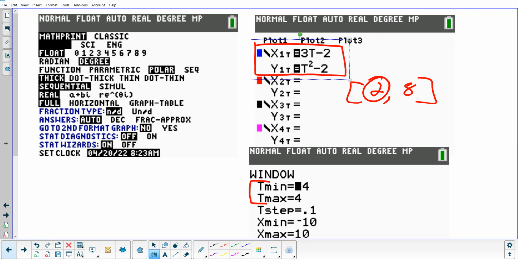That's how I would do it. Now, if the 2 controls where it starts, what number do you think controls where it ends? The 8. So the 8 controls where it ends. Plug the 8 in for t, and plug the 8 in for t, and you can see where that ends.